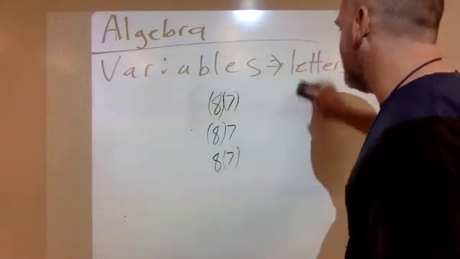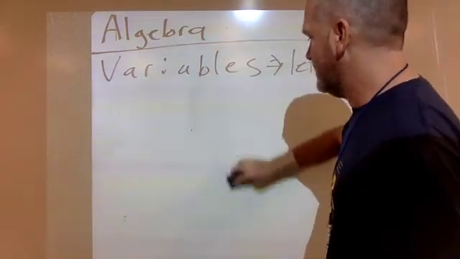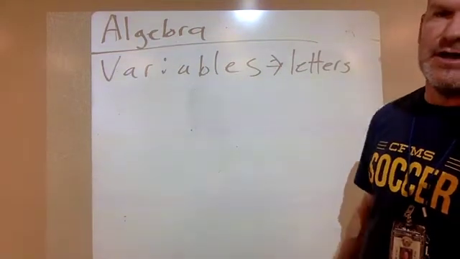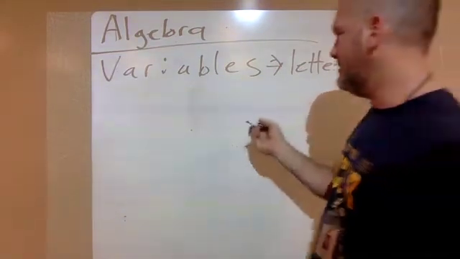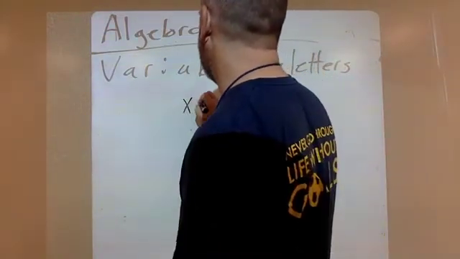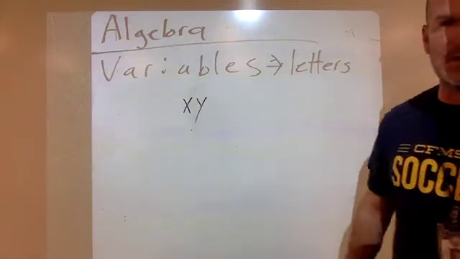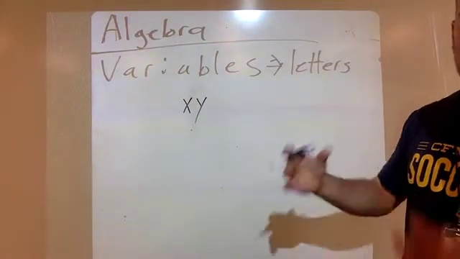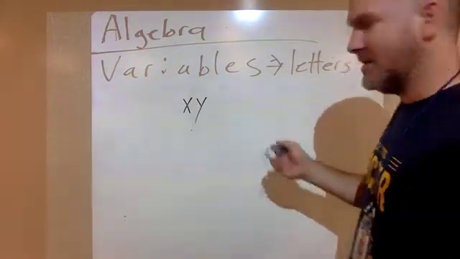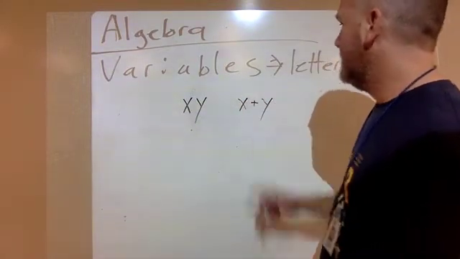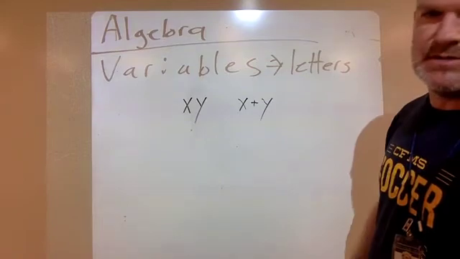All right, another way that we can represent multiply is with variables, with letters. And if the letters are right next to each other, for example, xy, xy means x is some number and y is some number, and we're multiplying them together. We're not adding them together. If we were adding x and y, it would be x plus y. The plus gets to stay. The plus doesn't evolve.